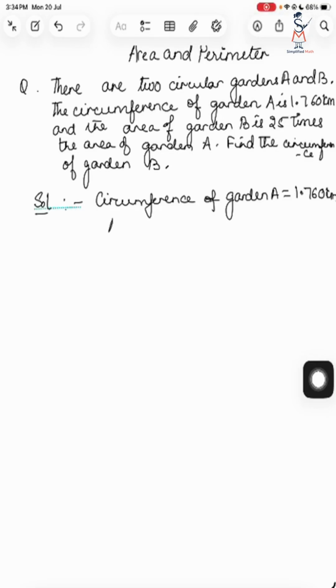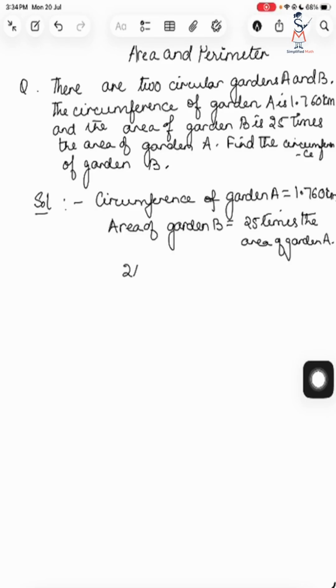Now, the area of garden B is 25 times the area of garden A. So we need to find the area of garden A. So with the help of circumference, we will find the radius of garden A.